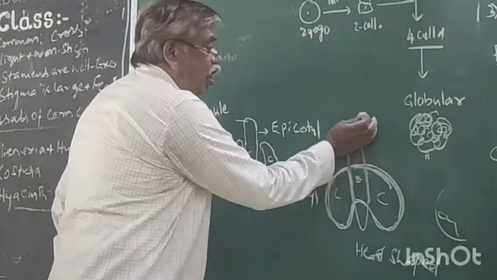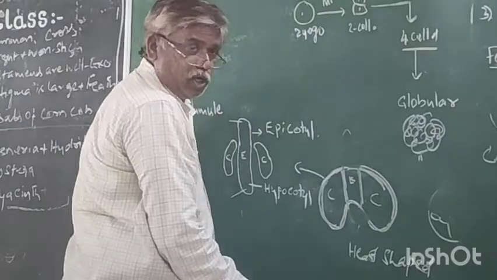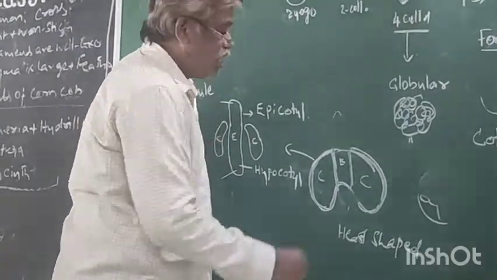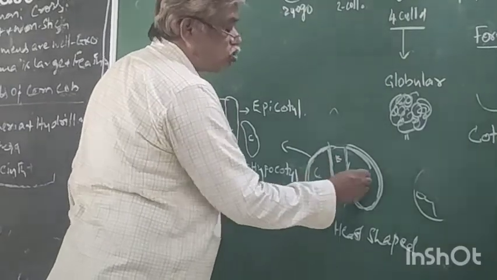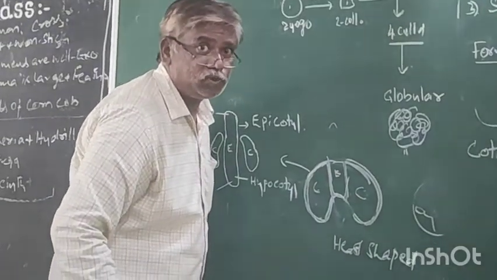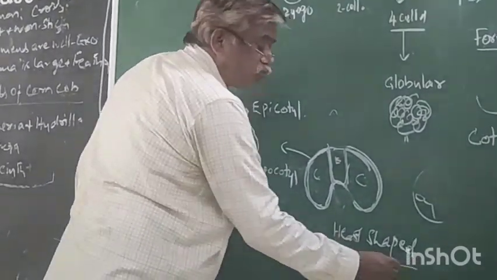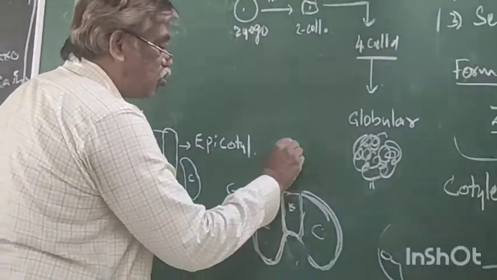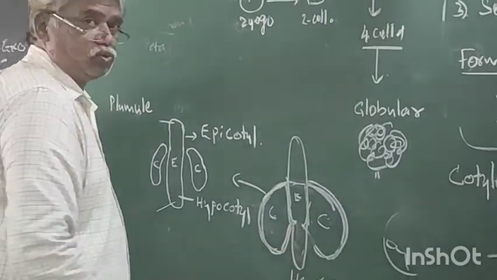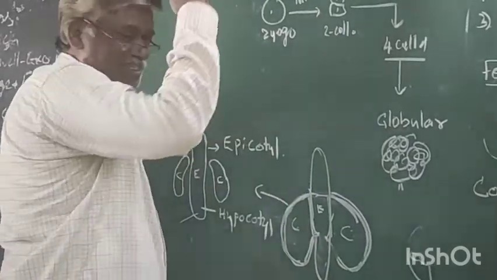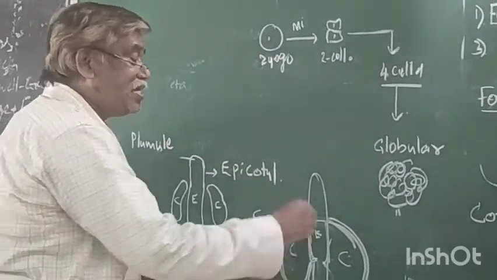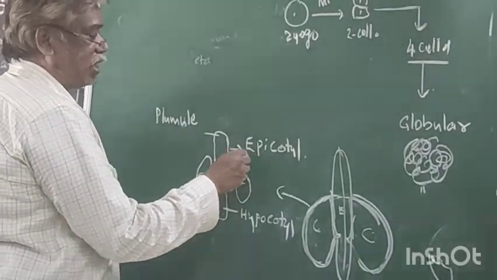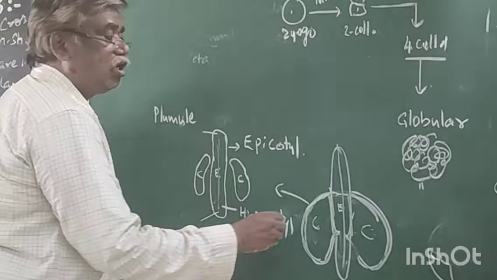Now, the heart-shaped embryo contains 3 parts: the central part and the 2 lateral parts. After the formation of the heart shape, the central part undergoes rapid growth and forms the axis. It is called the embryonal axis.